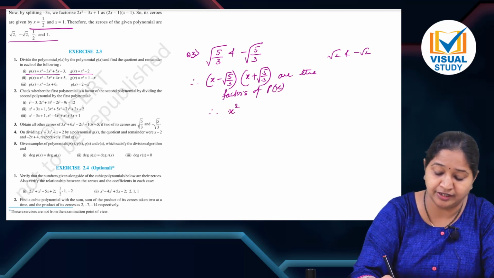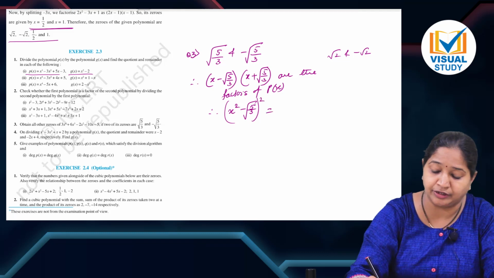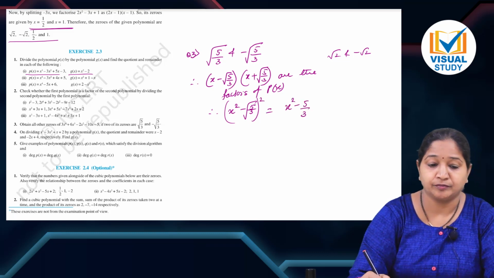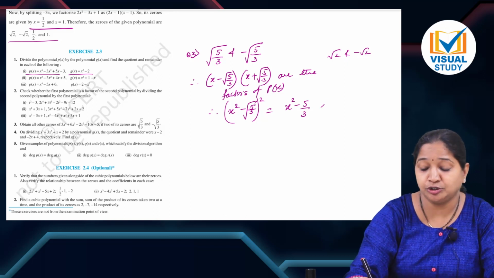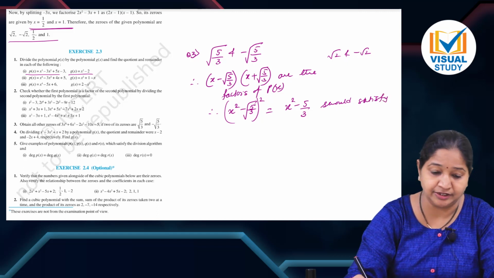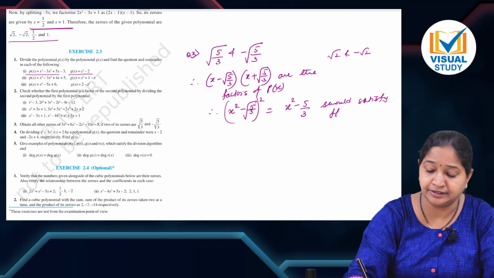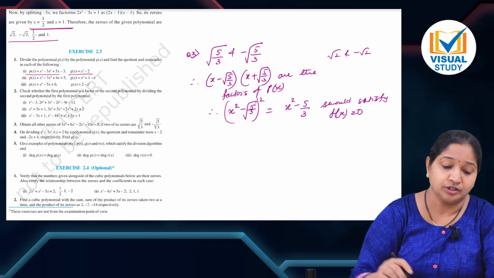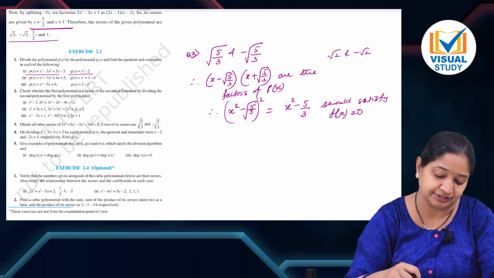Therefore, x square minus root 5 upon 3 whole square, that you get is x square minus 5 upon 3. Now this should satisfy the, that is f of x equal to 0. Now you tell me what is f of x.